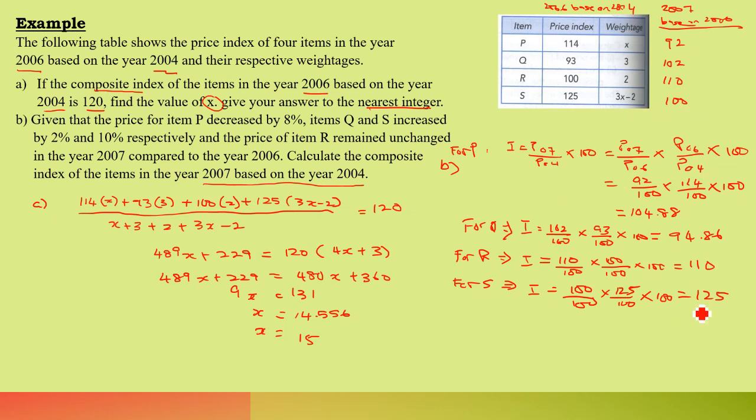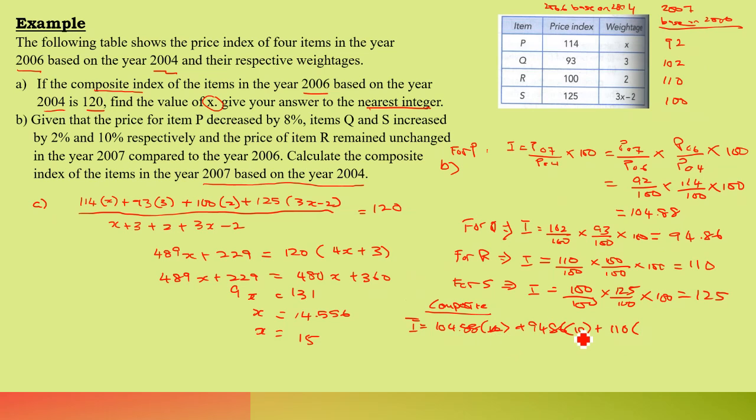So now how to find your composite? So composite, remember, you need to multiply with the weightage. So what we have is 104.88 times 10 plus 94.86 times 10 plus 110. Sorry, I'm using the wrong number.